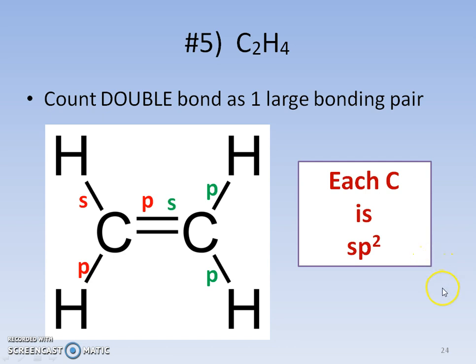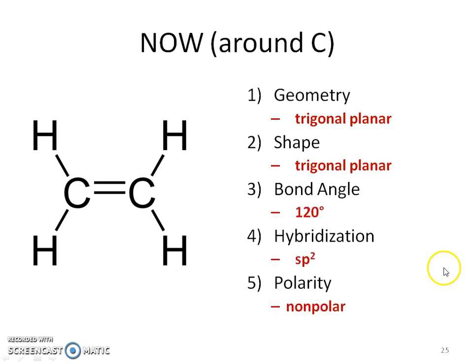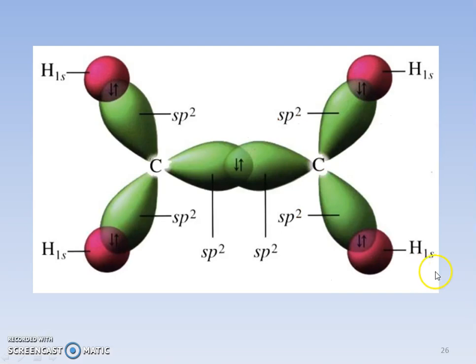So again, each C is sp2 in this case. So what's the geometry around C? Again, they're going to be the same in this case because they're both the same. And hopefully that makes sense. Just a nice picture again to show you how things are hybridizing.